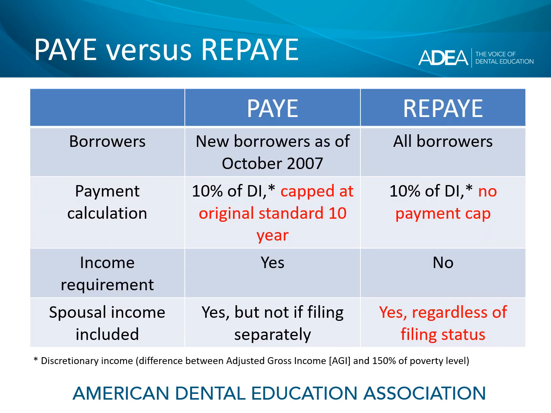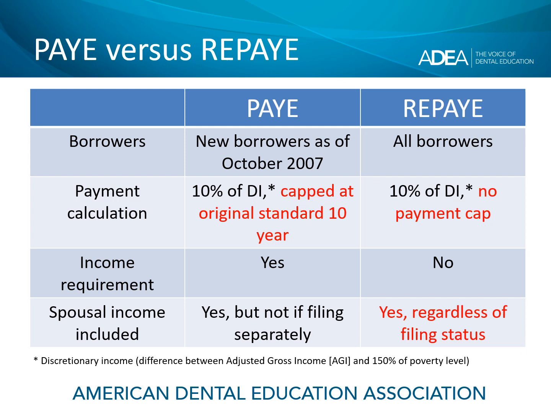Now let's take a look at some of the key differences between Pay As You Earn and Revised Pay As You Earn. First of all, REPAYE is available to all borrowers regardless of when you first started borrowing. PAYE is a bit more restrictive. It is only available to new borrowers as of October 2007.